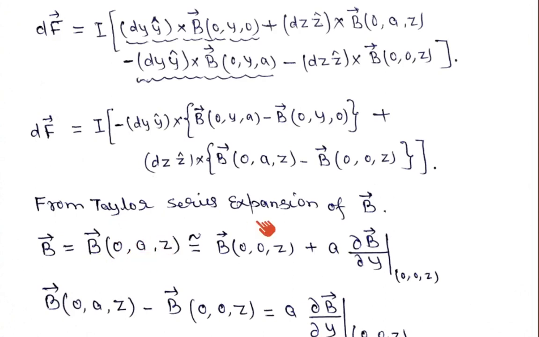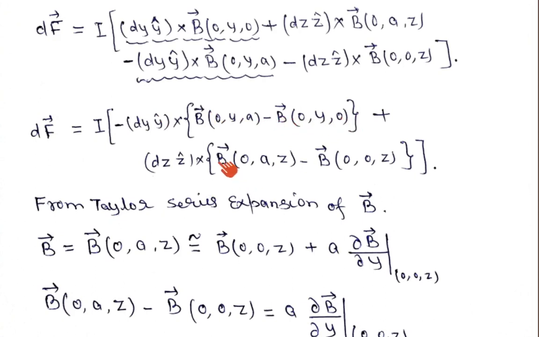So this will give B at 0, 0, z plus a del B upon del y at the 0, 0, z position. This is the Taylor series expansion. In the Taylor series expansion, what we have to find in our expression is B at 0, y, a minus B at 0, y, 0 position.